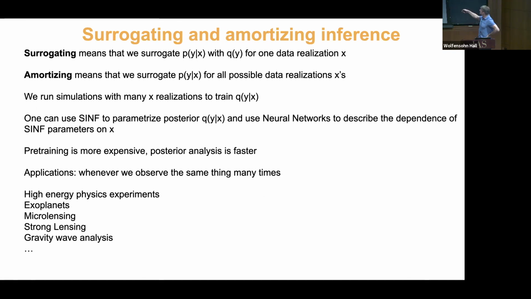In other words, let's learn this P of y given x for all possible x's. Okay, and you can parameterize this now as a conditional distribution, and so this Q of y, you parameterize it with the normalizing flow, and its dependence on x, you parameterize it with any fitting function such as a neural network.